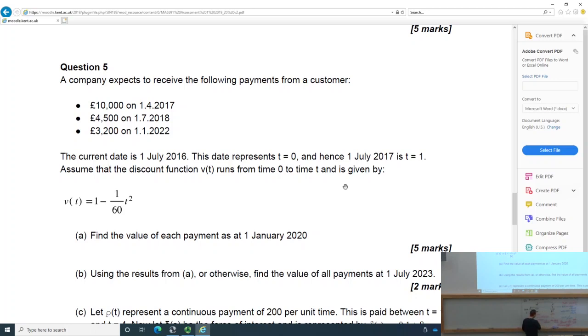Now I know I've done quite a lot of working on that, and I could have got there quicker, but I want to explain it fully. Finally, we need to actually do the V's. So V 0.75 equals 1 minus 1/60th times 0.75 squared, and then V 3.5 equals 1 minus 1/60th times 3.5 squared.